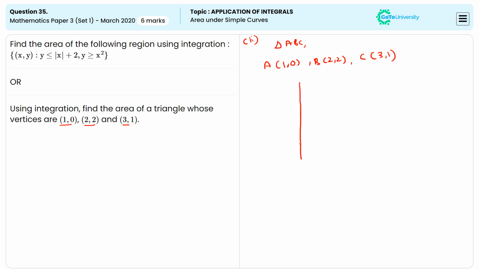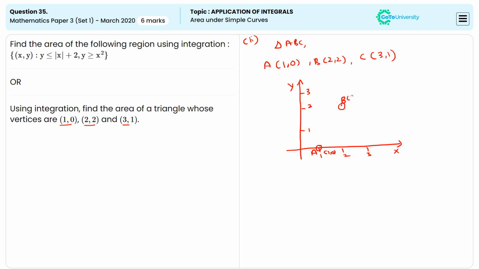By plotting these points on the graph, we get the triangle. This is the x-axis and the y-axis, with points 1, 2 and 3. First the point is (1, 0), so here we have the point A. Point B is (2, 2), so here we have B, the vertex (2, 2).